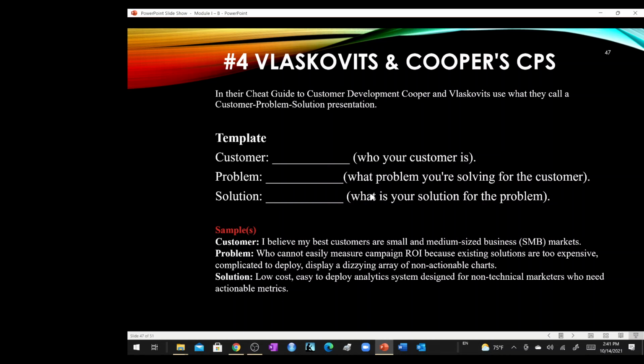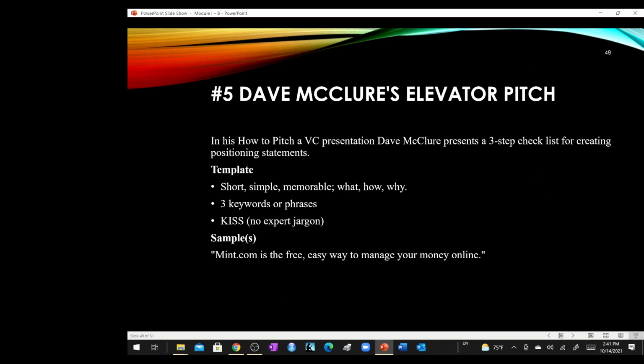Especially if you are in one of these circles where you're doing entrepreneurship and something like the elevator pitch, this is one of the things that you need to articulate very, very clearly. What is it? What's the problem? And what is your solution?